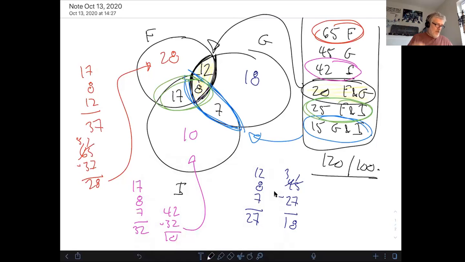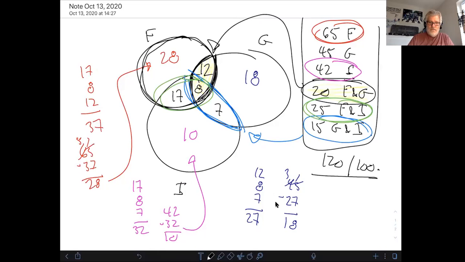So I could figure out how many students took all 3, and from that number, I can work my way back up and get the numbers in each section. And now you can check, right? If you add all the numbers in the French course, you should get the total, which is 65 if you add them all up. But of course, we did the computations correctly. We know it's going to work out. So from this, you can get all the numbers back.